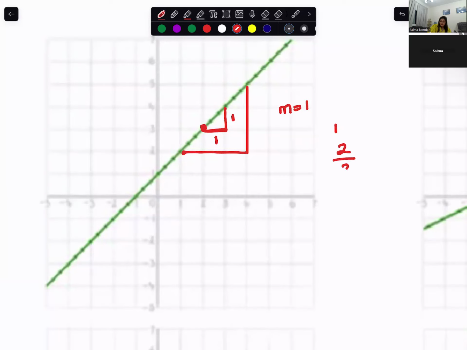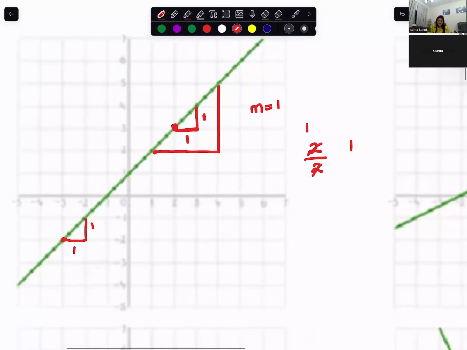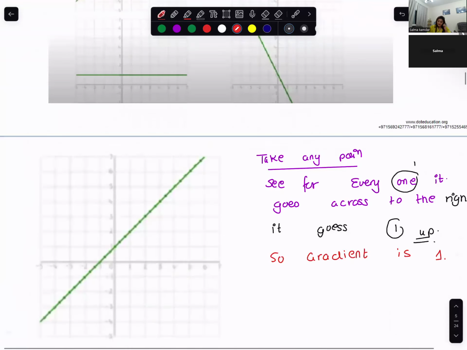Two across gives you two upwards, so the gradient of your line is 1. One movement across gives you one movement upwards. The gradient of your line is a positive 1.